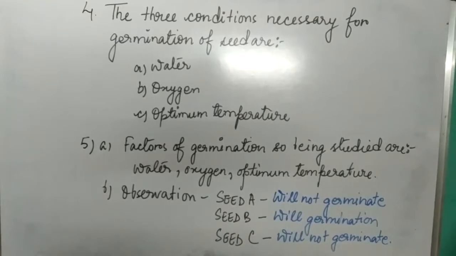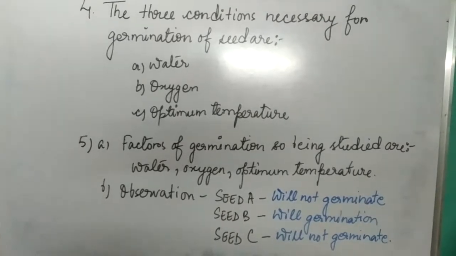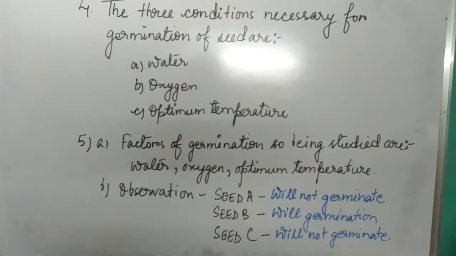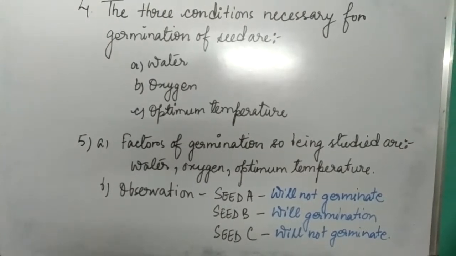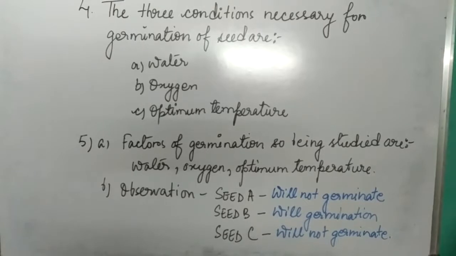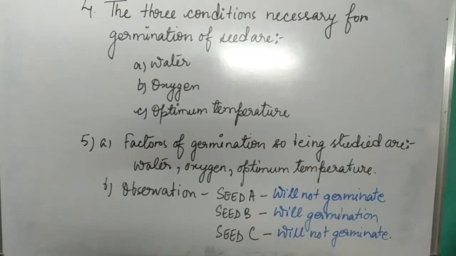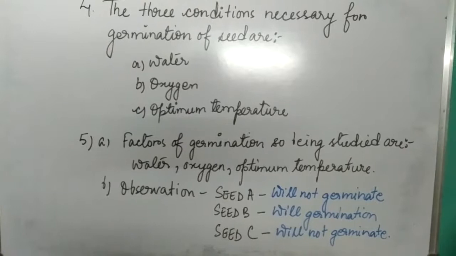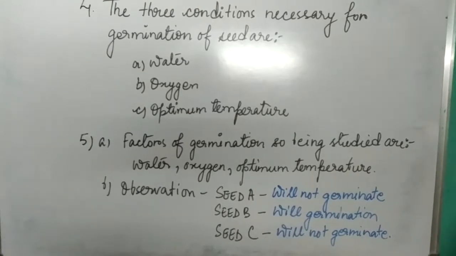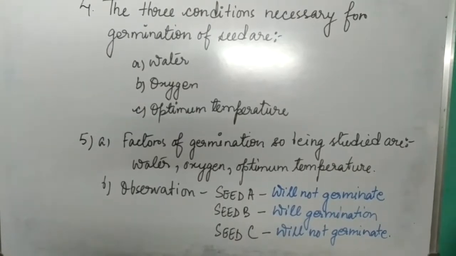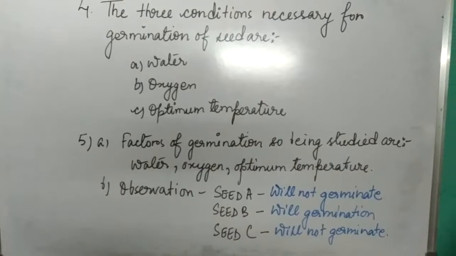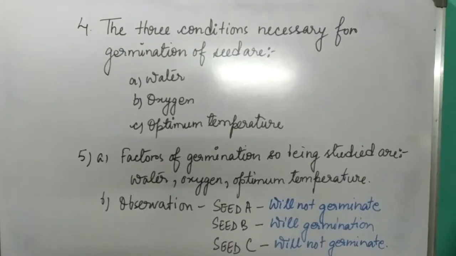That means it was not receiving any water. So what do we see after a few days? Seed A will not germinate, seed B will germinate, meaning it will show germination, and seed C will also not germinate.